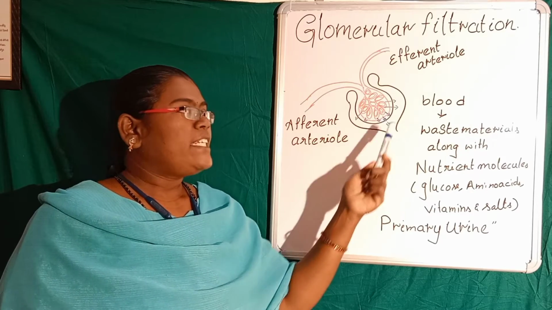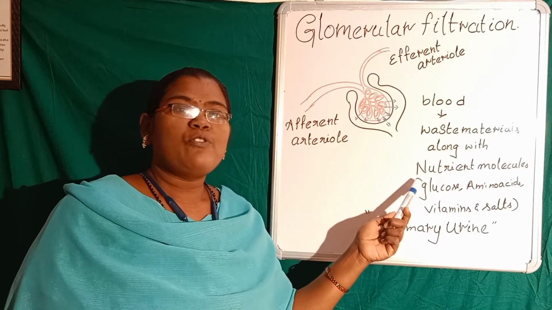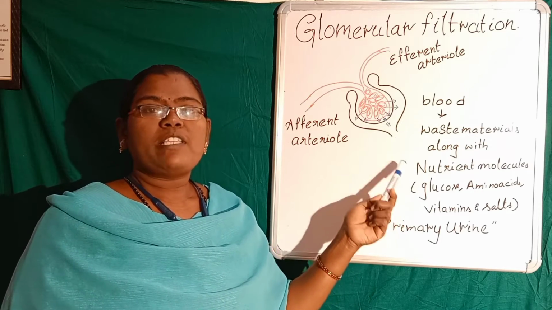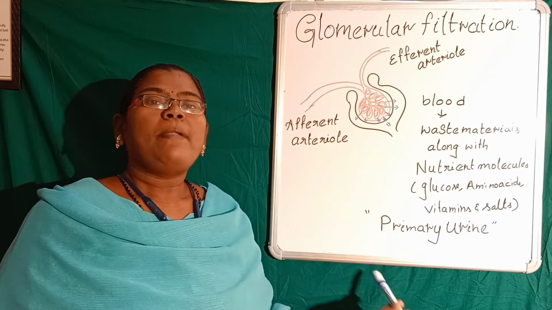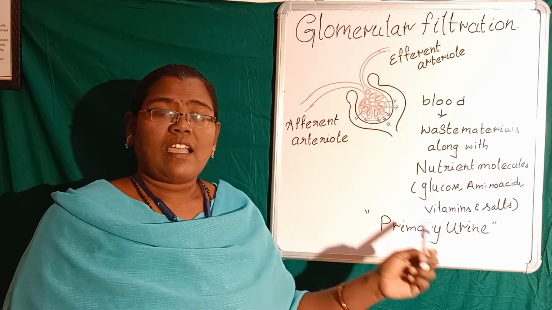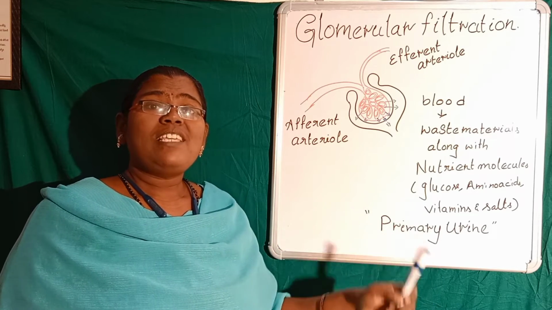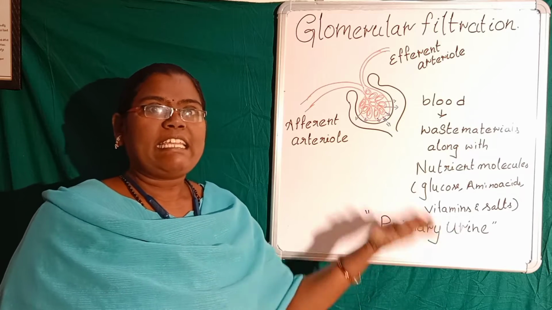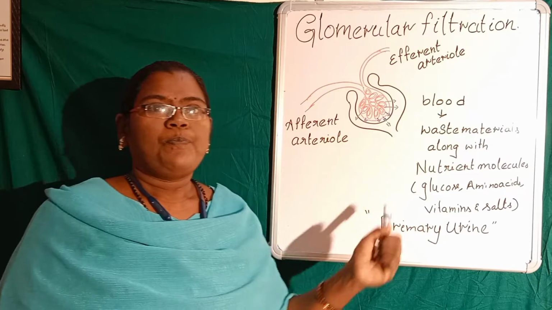The entire filtrate enters the Bowman's capsule and moves to the first part of the renal tubule, the PCT. We call this filtrate primary urine. This primary urine has a lot of useful materials. How do these useful materials enter the blood capillaries again? Now we will see that.